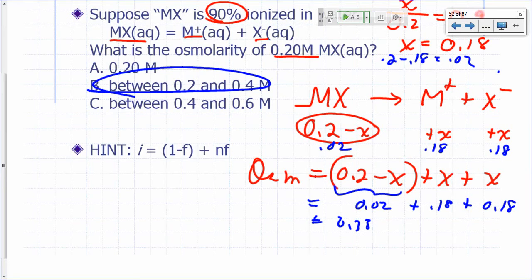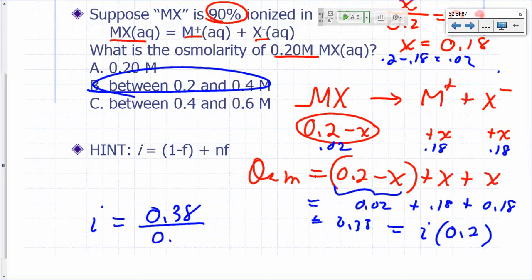Okay, what's our Van 't Hoff factor here? This is equal to i times 0.2, right? So my Van 't Hoff factor is just going to be equal to 0.38 over 0.2. What's 0.38 divided by 0.2? 1.9.